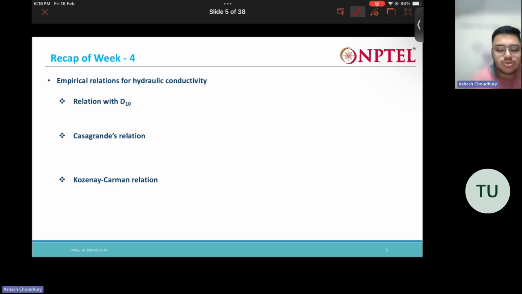Next, as I said in the beginning, the hydraulic conductivity depends upon various factors. One of them is the grain size distribution, then we have the void ratio, temperature, and many other things. There are some relations where the hydraulic conductivity is related to D10 size, which is nothing but the effective size.